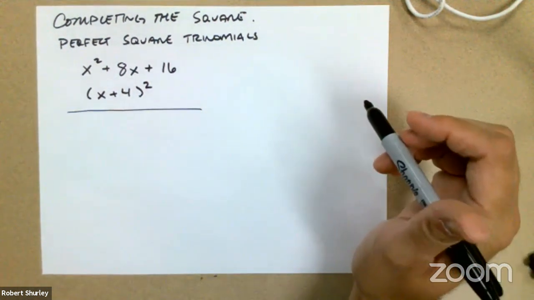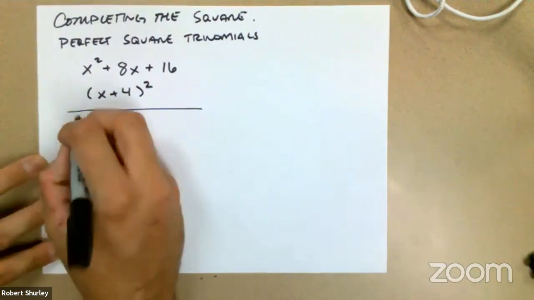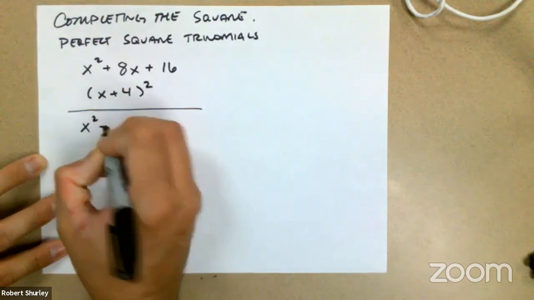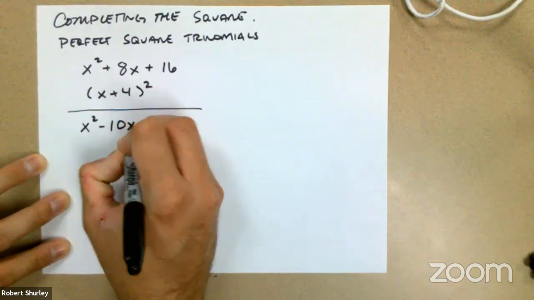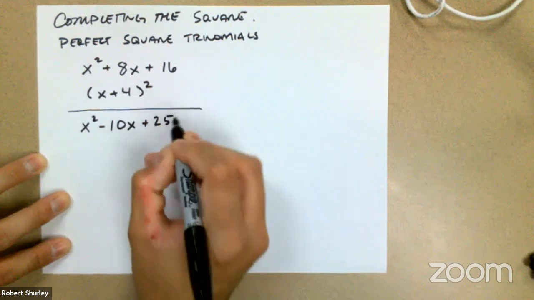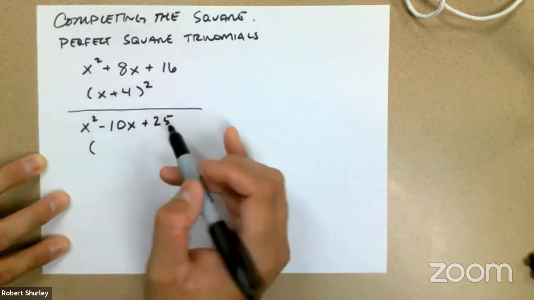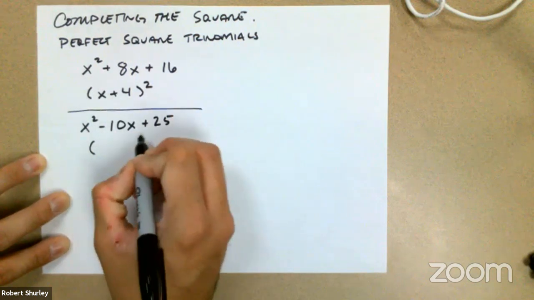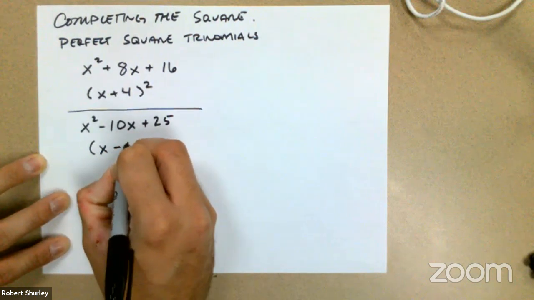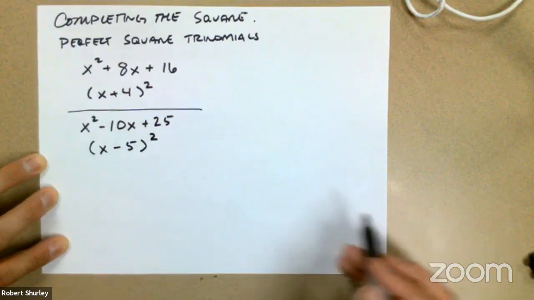Okay, that's our first example. So now let's do another one. Let's say we've got x squared minus 10x plus 25. It factors, I mean, if you want to do the factoring, that's fine. Look, -5 times -5 gives you 25, adds up to -10. So it winds up being x minus 5 squared.